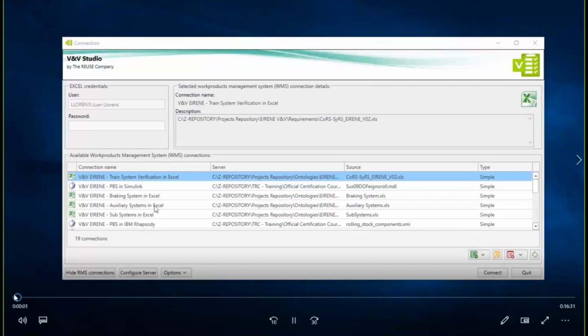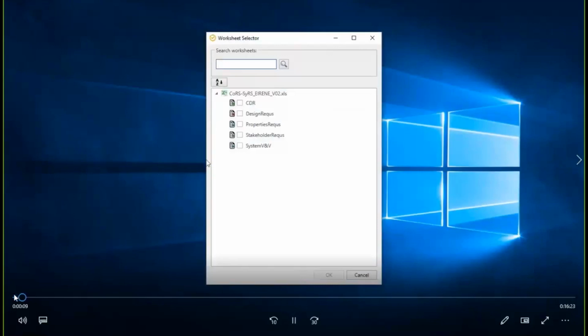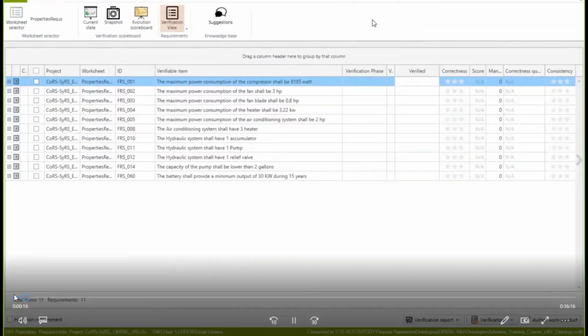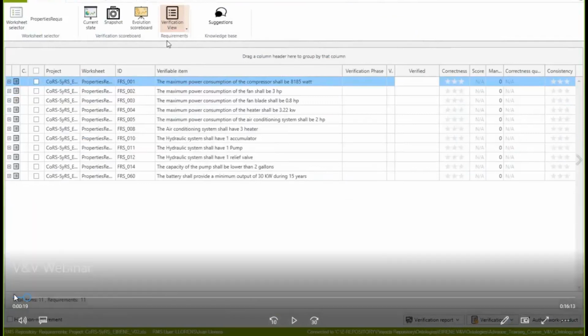Okay, so in that case, what we are going to do now is connect to one Excel that is a little bit of a potpourri, a group of all the different aspects that we would like to work together here. A CDR, which is a digitalization of the CDR, not the document. It could be the document itself, but we are going to work with the digitalization. The first thing I would like to show you is that V&V Studio includes an RQA.